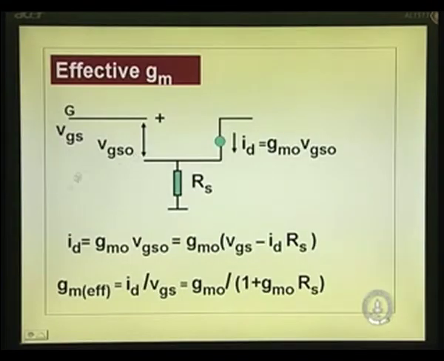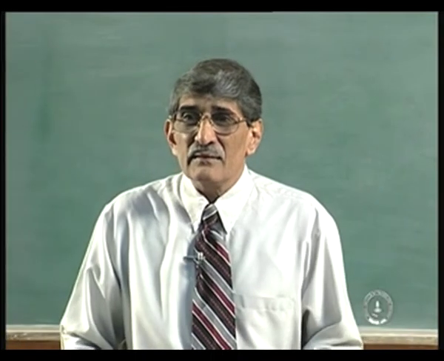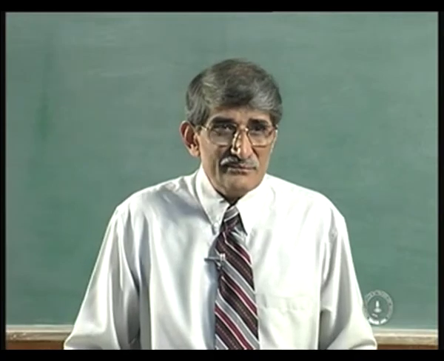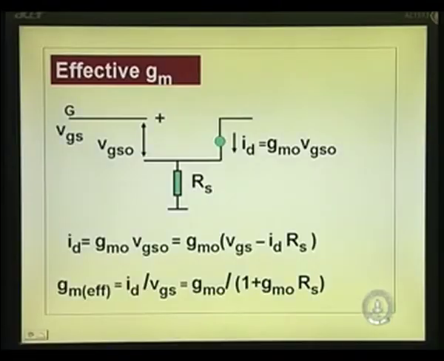So, the definition of transconductance. This is the equivalent circuit, gate, nothing there at low frequency, it is a capacitance, it is open. When we apply a voltage, that gives rise to current ID equal to GM0 times VGS0. GM0 is the intrinsic transconductance, which is the transconductance that you get if RS is equal to 0. So, if RS is equal to 0, ID will be GM0 times the voltage between the gate and the source, that is VGS0.